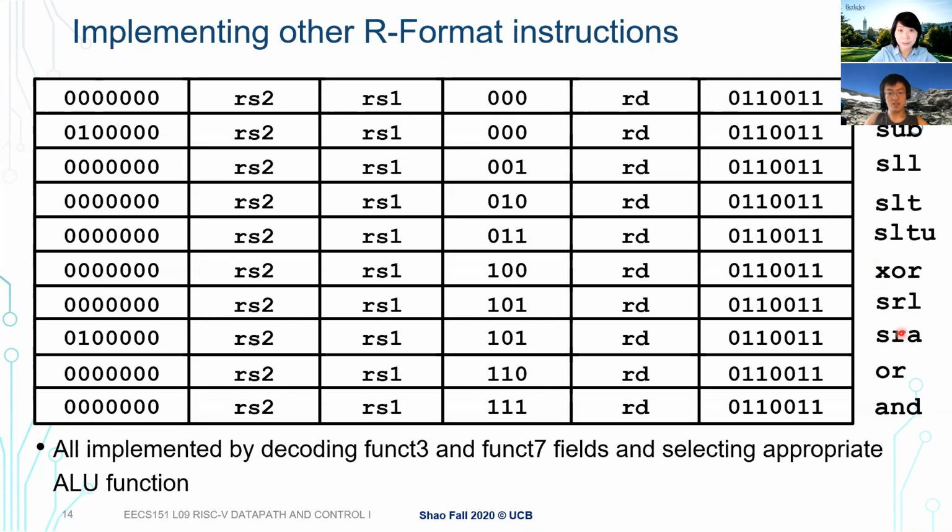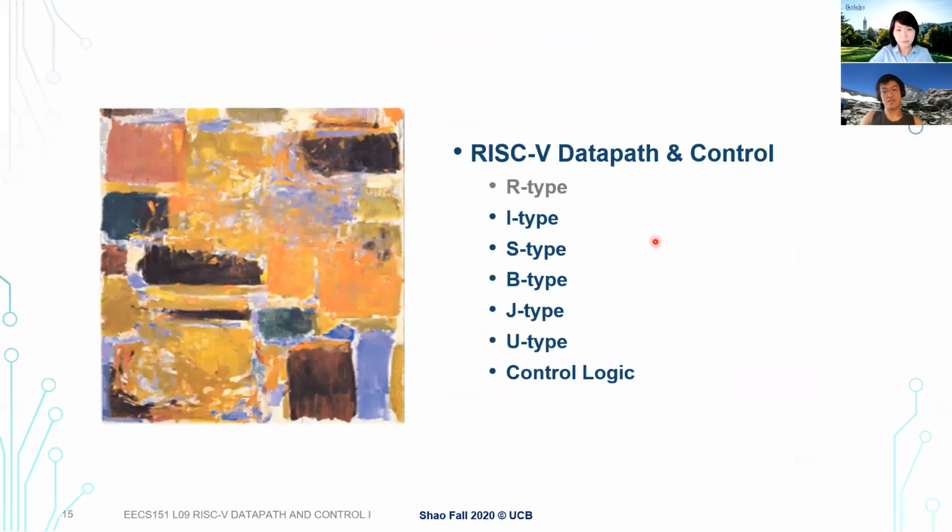But other things are the same, like all the register fields for source registers or destination registers. It's very important because it has implications in hardware design, and we want a very regular pattern to make hardware design easier.